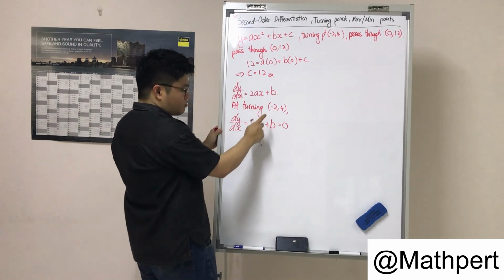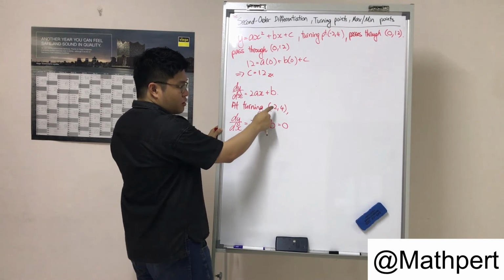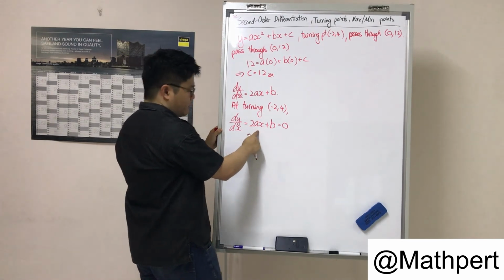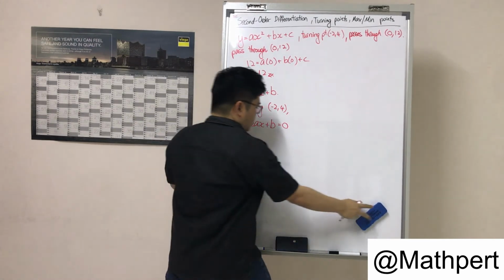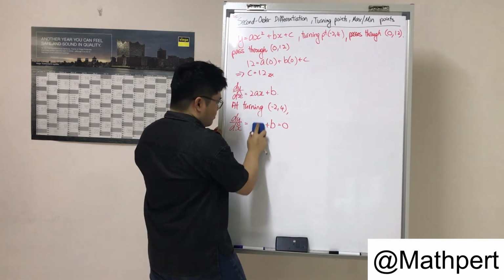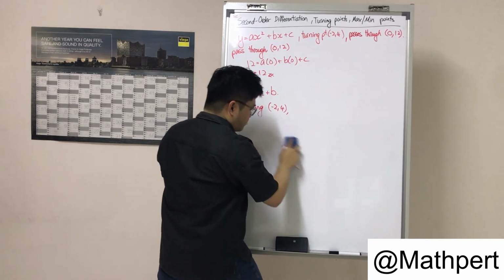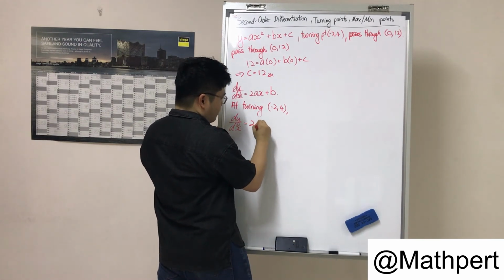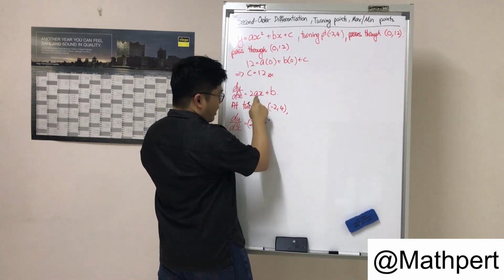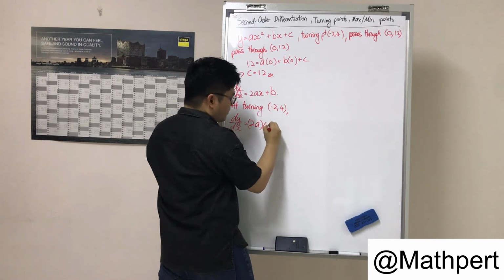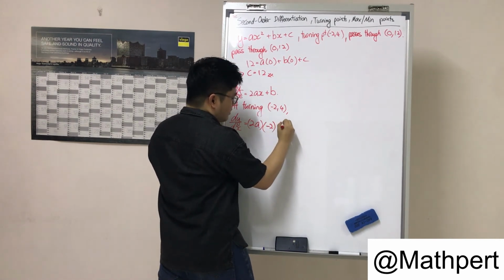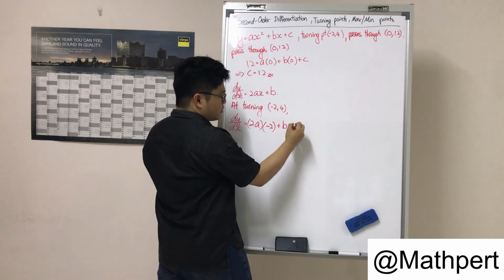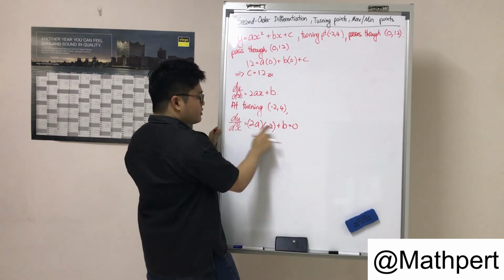Then we substitute minus 2 into this x. Okay? Maybe we should write this way. dy/dx equals 2a times x, negative 2 substituted into x, plus b equals 0, because the gradient at the turning point is 0.